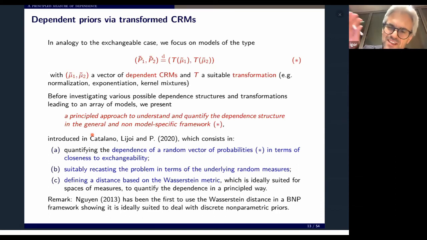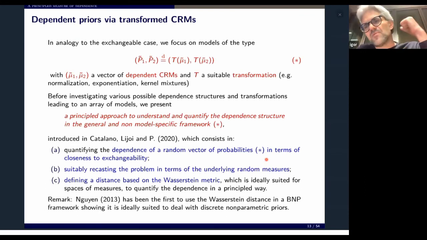The steps we understood along these years: first of all, take exchangeability, that was obvious, as the reference point. So I measure the dependence as a distance, or in terms of closeness to exchangeability.